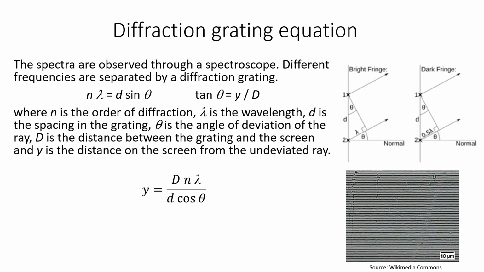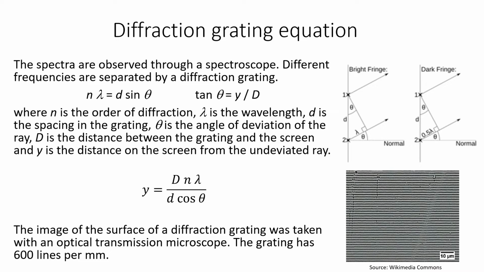In fact we can combine these together and get an expression for y, the distance between the fringes on the screen. So you can see that the distance between the fringes on the screen is, all other things being equal, proportional to the wavelength. And so this is how we're going to see the wavelengths get separated out on the screen.